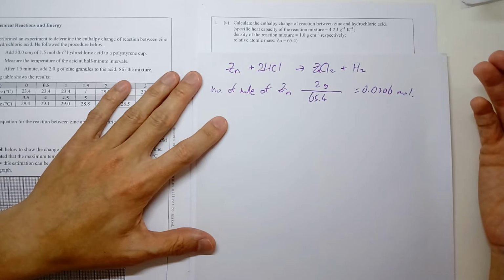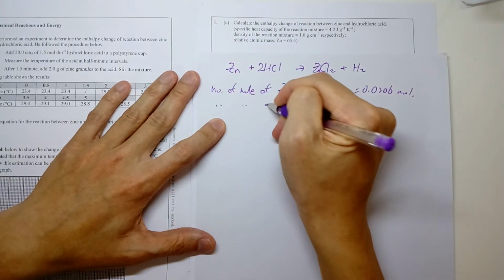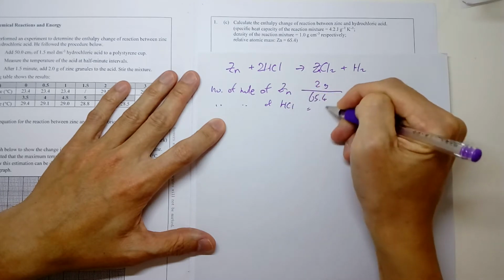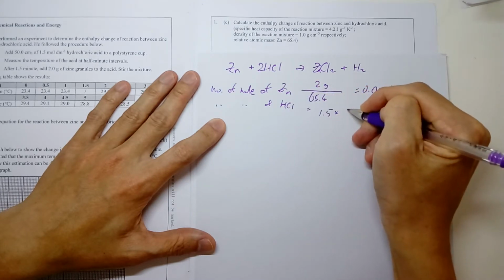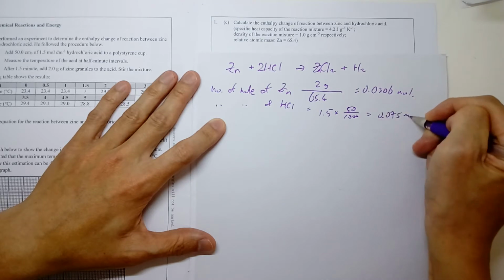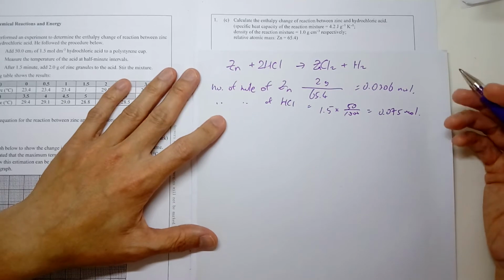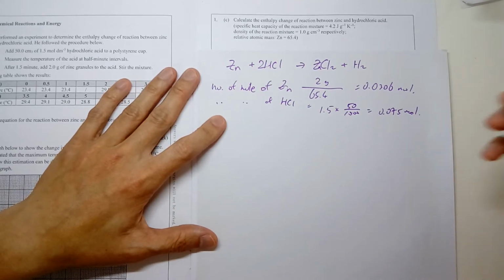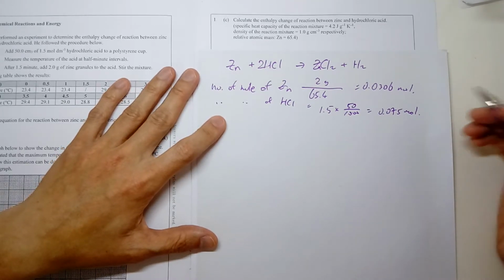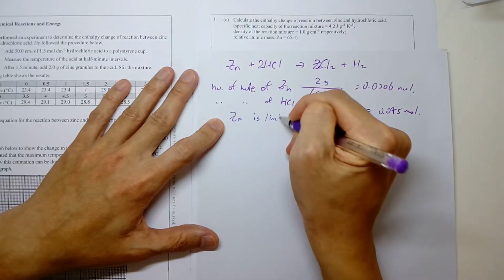You need to calculate the number of moles of HCl, which is M times V. This process is important because you need to find out which one is limiting. From the mole ratio, we can find that zinc is limiting.